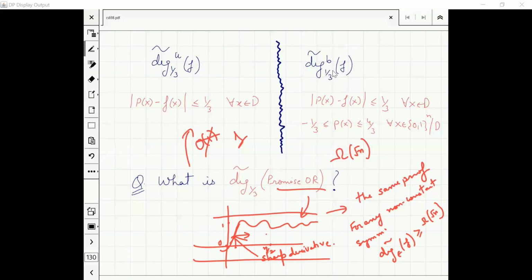See, the derivative value comes from, as Adit pointed out, Lagrange's theorem, right? Which is basically saying that in a distance of 1, the value changes by at least 1 by 3. Now at a distance of n by 2, the same value change. The function value changes close to n by 2. That means at n by 2 minus 1, it will be 0, and at n by 2, it will be 1.